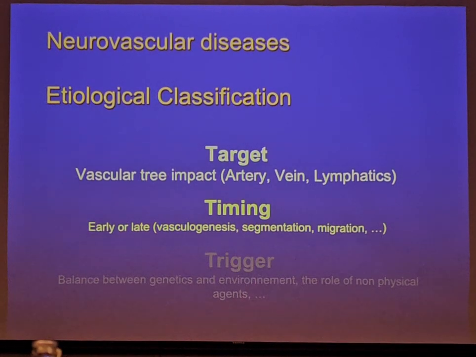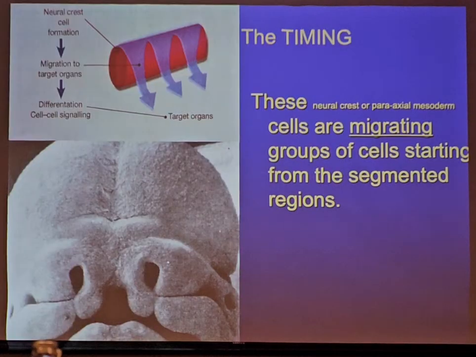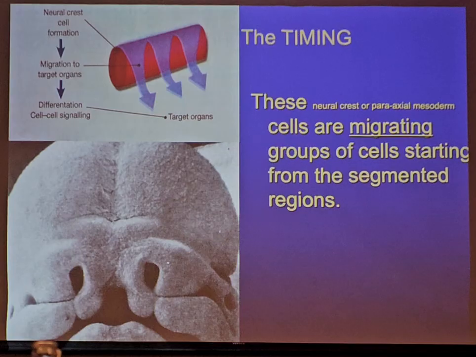Okay, then we'll have to discuss the second pillar. This is the timing. When does a certain trigger hit the arteries? Is it very early on or is it very late? Remember how your blood vessels in the brain and in the head and neck region form. They are coming both from the mesoderm and from the ectoderm.